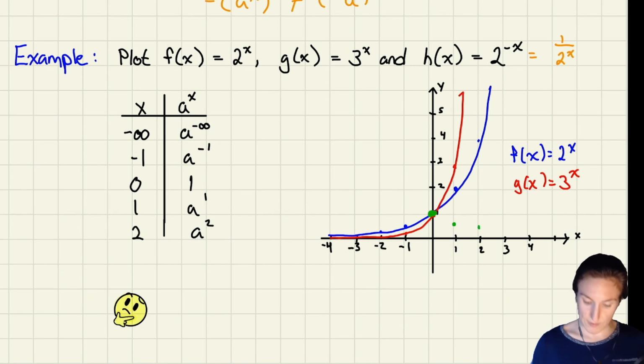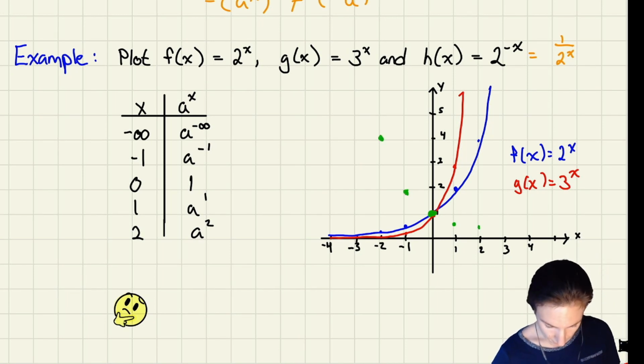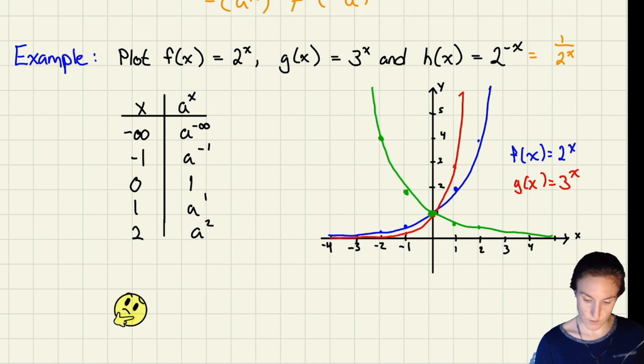So on our positive x-axis, we get smaller and smaller. But then on the opposite side here, if x is equal to negative 1, then we're going to end up getting 2. If x is equal to negative 2, we'll end up getting 4. So it's the opposite, basically, of the blue line. We get something that looks like this. This is our h of x.